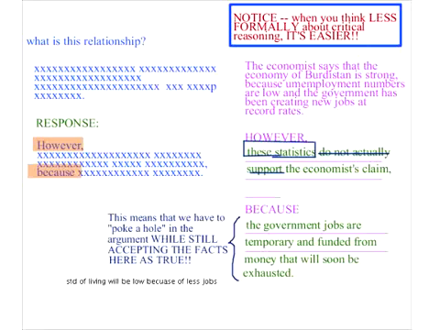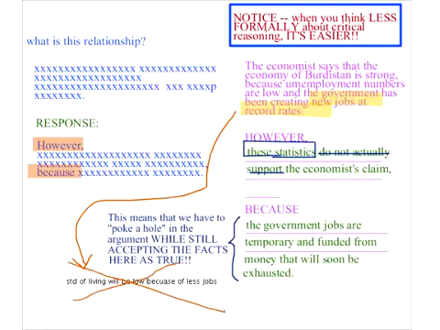New jobs at record rates. If the passage says there are a lot of new jobs being created at record rates, then the one thing you can't do is contradict that. If the passage says there are more jobs and they're being created faster than ever, then a statement that says there are fewer jobs is wrong.